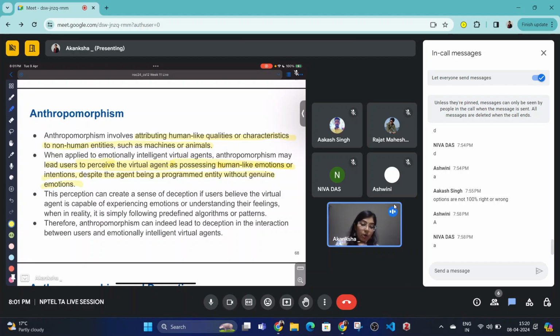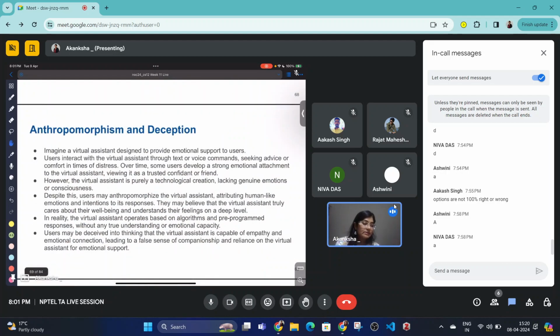That is also very wrong because that comes under deception. You're delusional that this agent is your fellow. They're just for your assistance, they're not your friend as of now. They're not that smart to be your friend and they can't have a conversation with you like a human can. So it can lead to deception in the interaction between users and emotionally intelligent virtual agents.